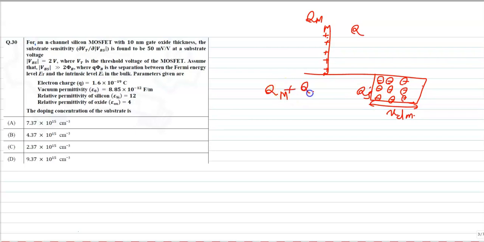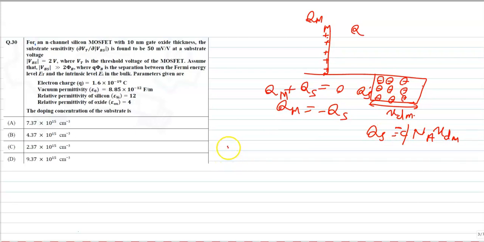Qm plus Qs is equal to 0, so Qm is equal to minus Qs. What is the Qs? You know that q is the electronic charge, and these are the exposed ions of the trivalent impurities, so q, Na, and xdm, negative, because these charges are negative.